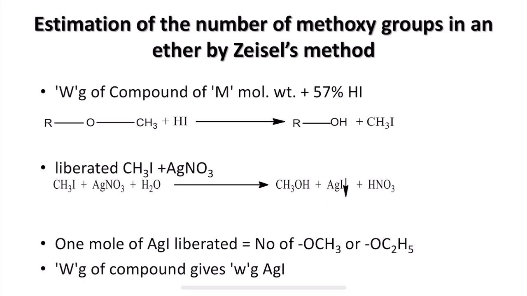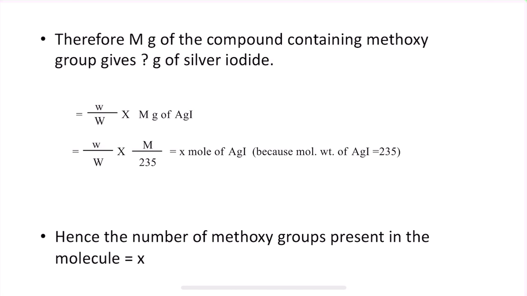1 mole of silver iodide precipitate corresponds to the presence of 1 methoxy or 1 ethoxy group. So, as the case may be, when W g of the compound containing a methoxy group gives a small w g of silver iodide, then m grams of the compound containing a methoxy group gives how many grams of silver iodide?